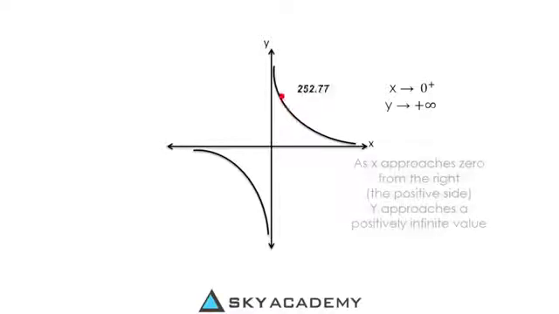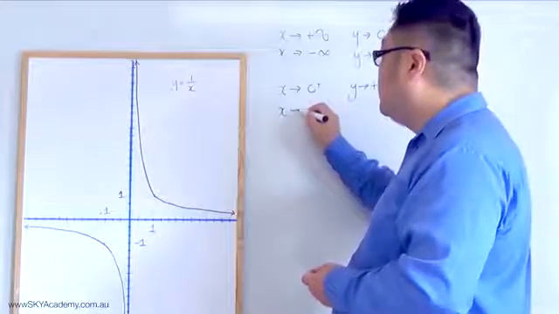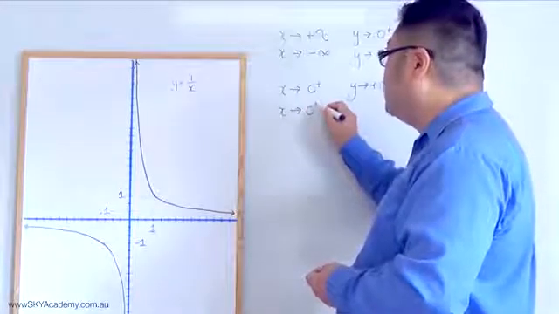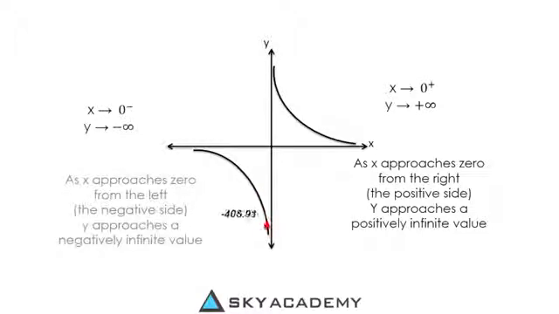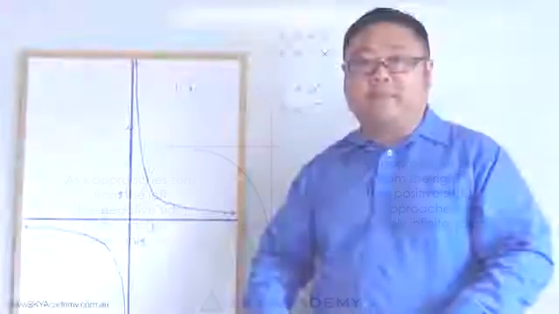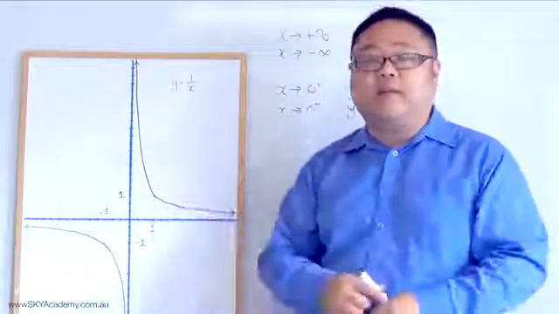So y approaches positive infinity. If we look at what happens as x approaches 0 from below, y will approach negative infinity, an infinitely large negative number, or an infinitely small negative number, if you want to think of it that way.